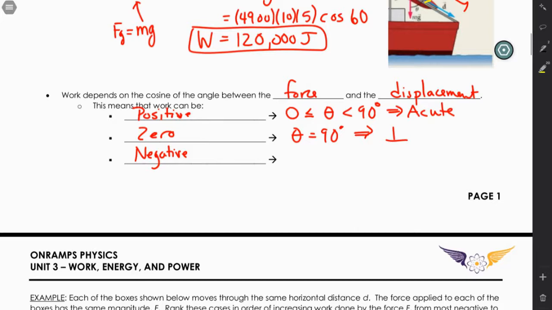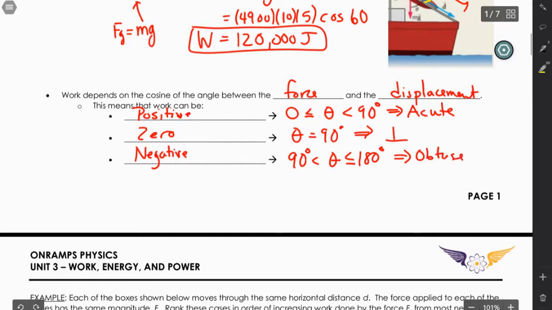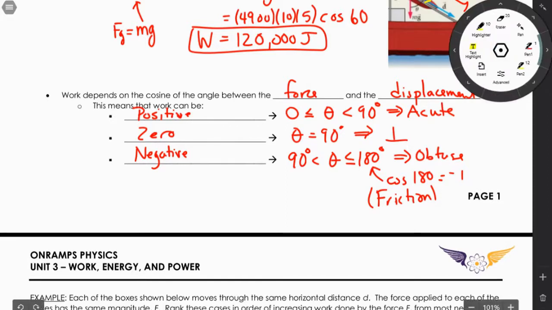And then if you want to do negative work, you'll go above 90 to 180 degrees, and so these are obtuse angles. The cosine of 180 is -1. The one force that will do essentially full negative work, because it does go opposite the motion, is friction.